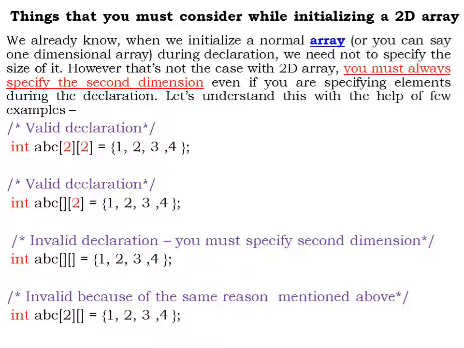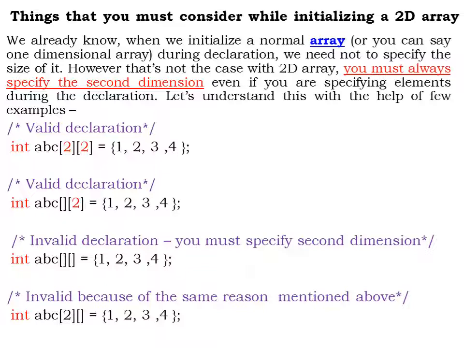You must always specify the second dimension, that is the column. Even if you are specifying elements during the declaration, it is compulsory to specify the size in the second dimension, that is with respect to the column.